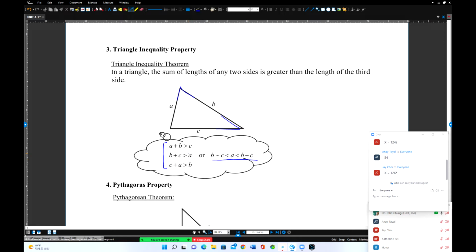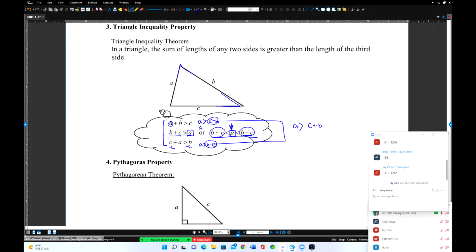I'm going to specifically choose A. A is less than B plus C. From here, A is greater than C minus B, or A is greater than B minus C. Together, we can say A is greater than the difference. So A is greater than the difference between these 2 numbers, but less than the sum of these 2 numbers. That is the triangle inequality theorem.